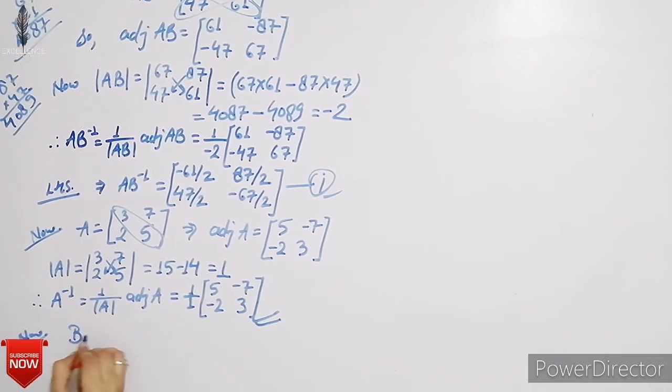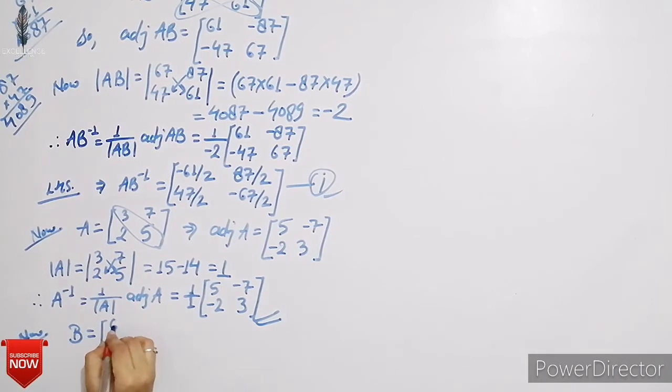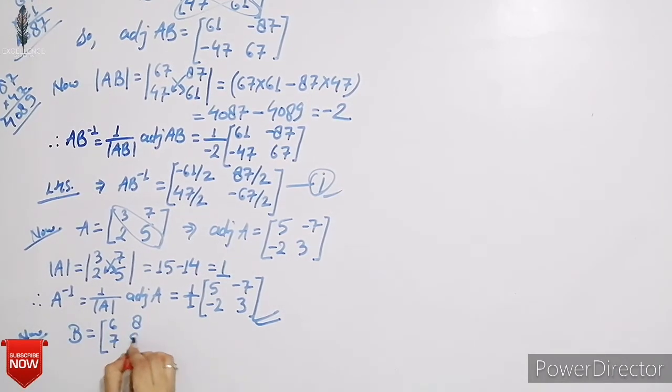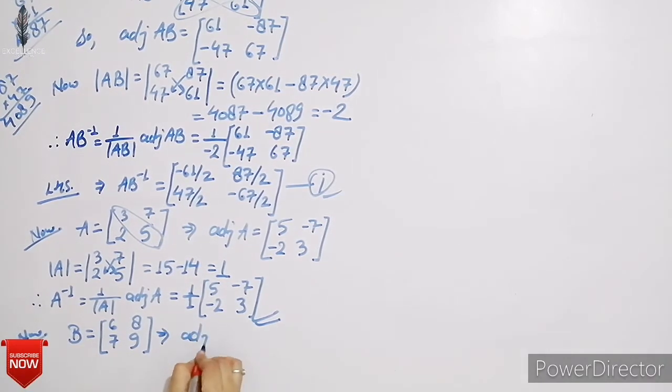Now we have B equal to 6, 8, 7, 9, and the adjoint of B is, simply interchange the elements, so it's 9, 6, and minus 8, minus 7.